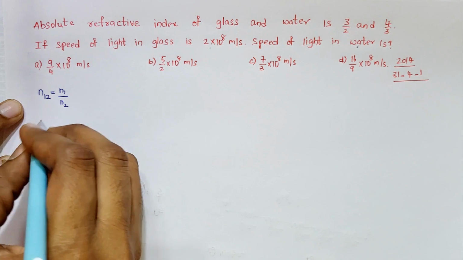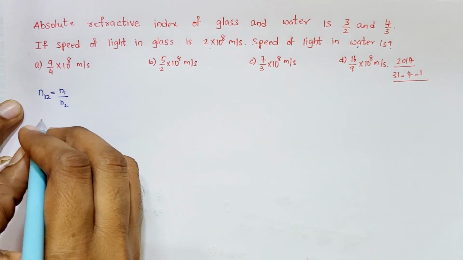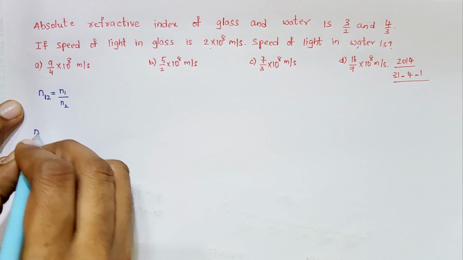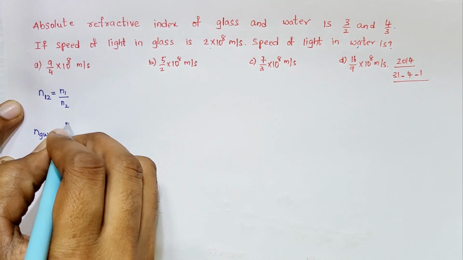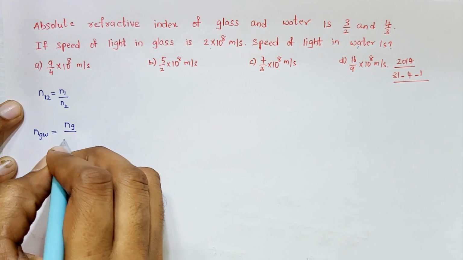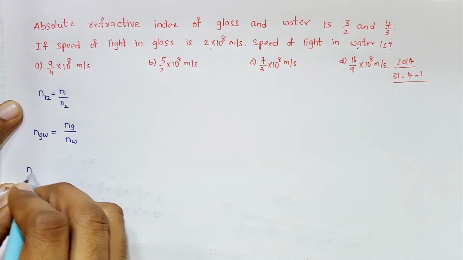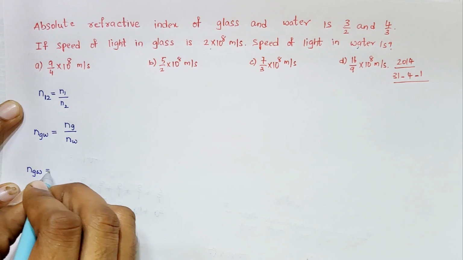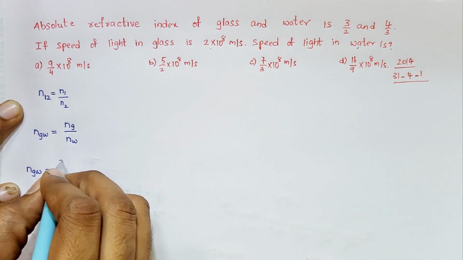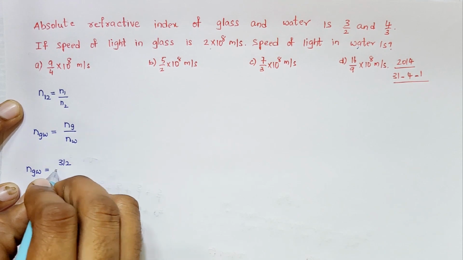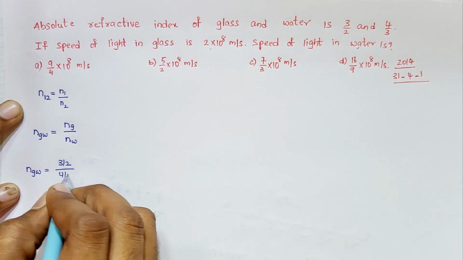So this formula I'll write for glass and water. Refractive index of glass with respect to water is equal to refractive index of glass divided by refractive index of water. Okay. So now refractive index of glass with respect to water is equal to, what is refractive index of glass? They gave 3 by 2, divided by refractive index of water, they gave as 4 by 3.